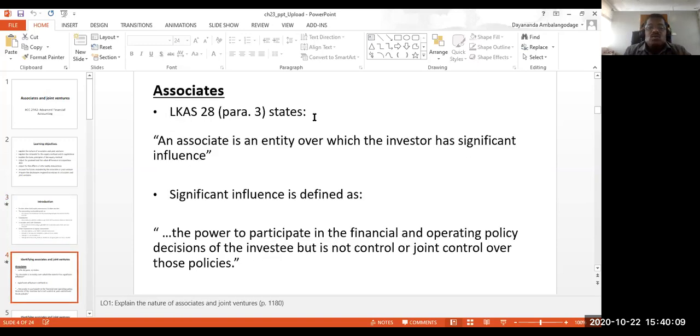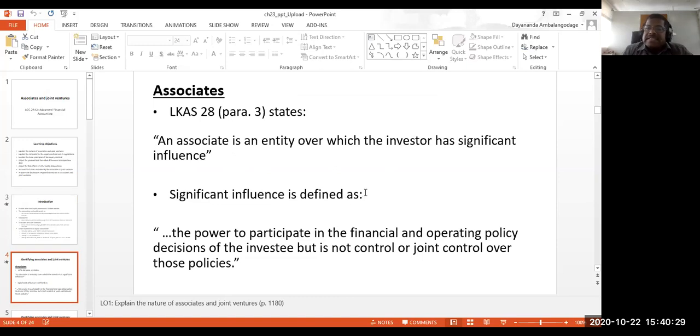We'll discuss associates, the particular standard. Para 3 says that an associate is an entity over which the investor has significant influence. Significant influence is the crucial factor when deciding whether it's an associate or not.